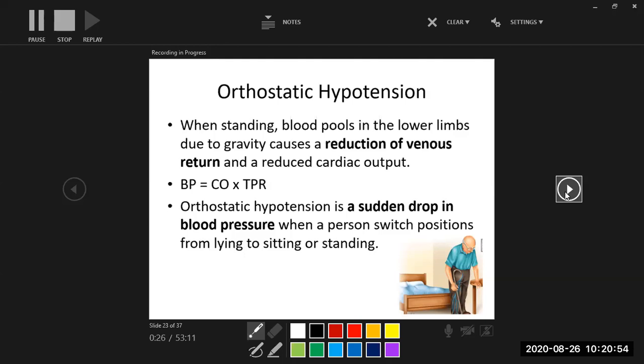The reason is that when you suddenly stand up, a lot of blood remains in the lower extremity, and so you don't have a lot of blood going back to your heart.